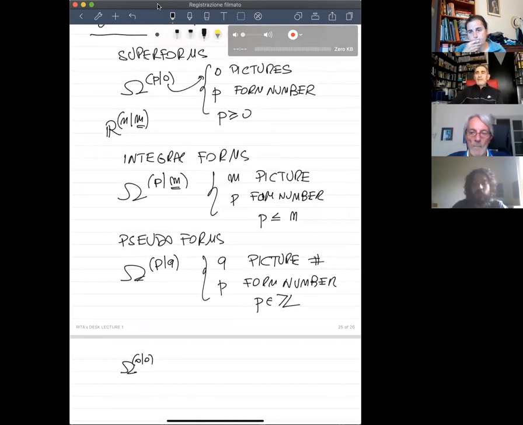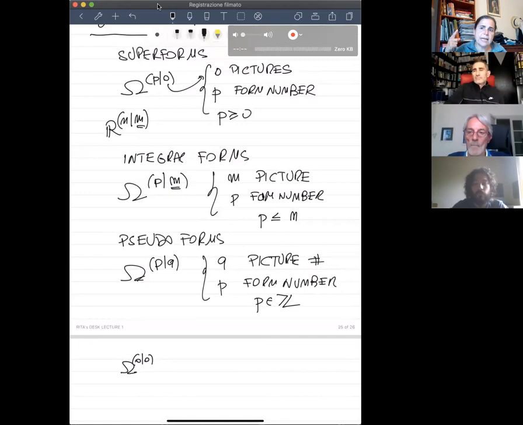The derivatives don't change the picture. It just counts the number of deltas. It doesn't matter if you have a derivative. The derivative changes the form number. The picture is just the number of deltas.